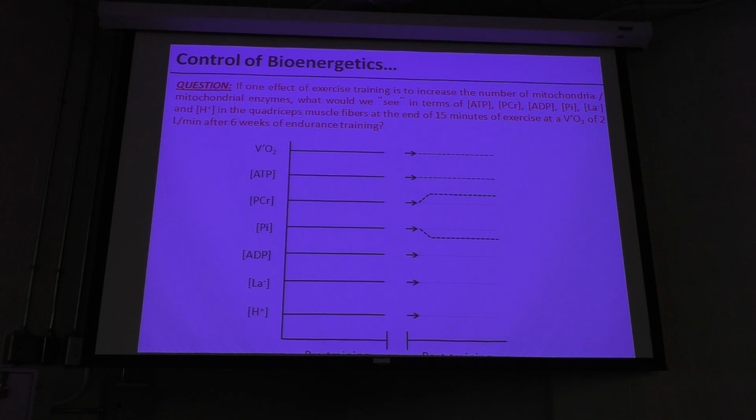So again, along that plot, if you remember that plot, this is 50%. Post-training, it'll take you longer in terms of time to reach the performance limit if you accumulate inorganic phosphate at a slower rate.